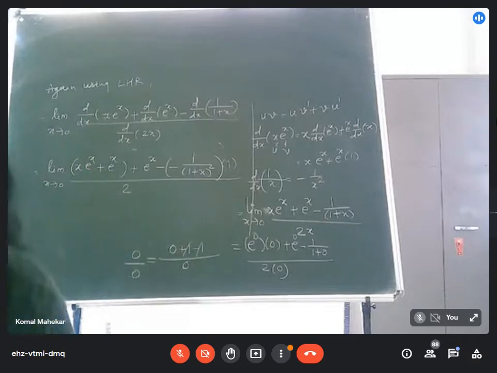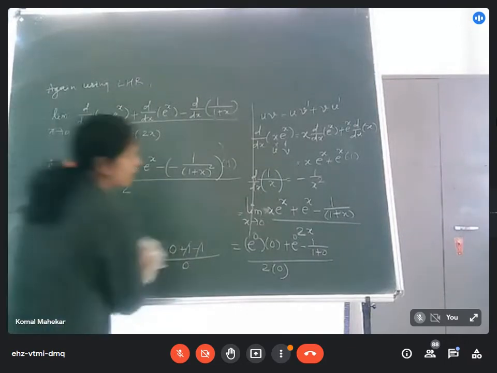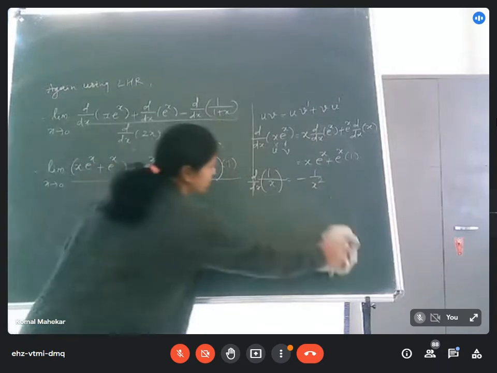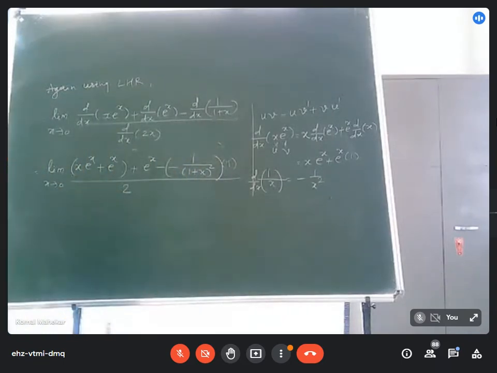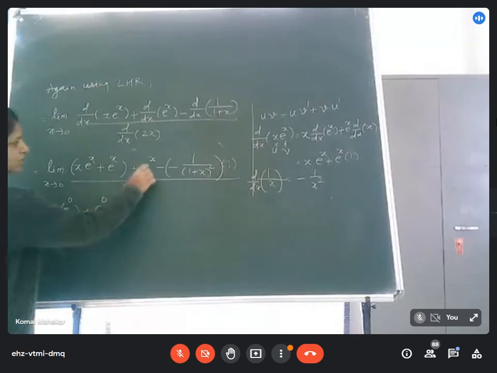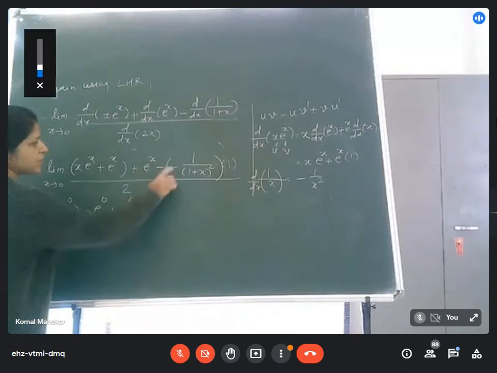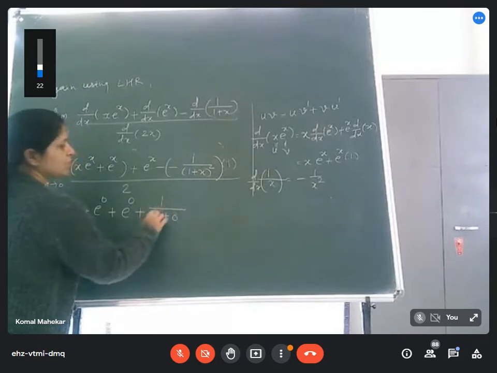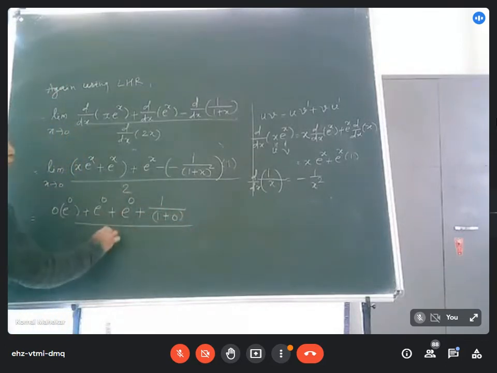Okay, and now in this derivative we will apply the limit. Now putting x is equal to 0, by applying limit. So 0 into e raised to 0 plus e raised to 0 plus e raised to 0, minus minus become plus, 1 upon 1 plus 0, divided by 2.